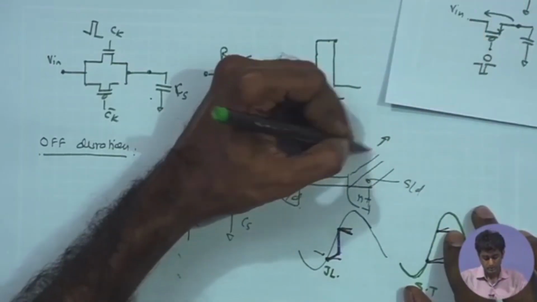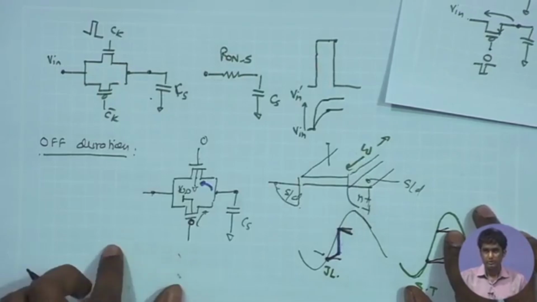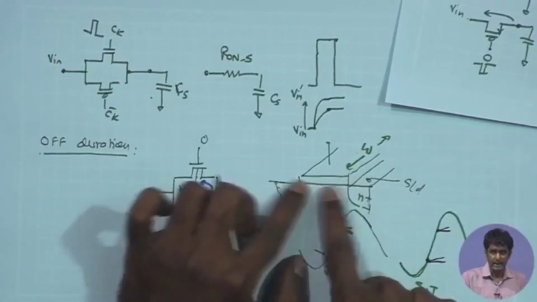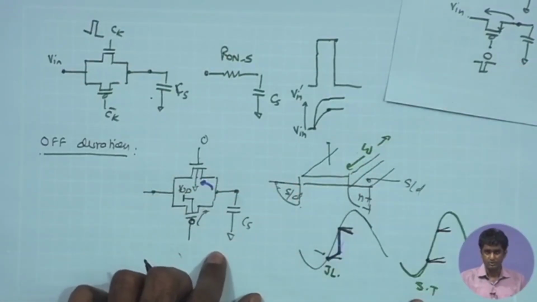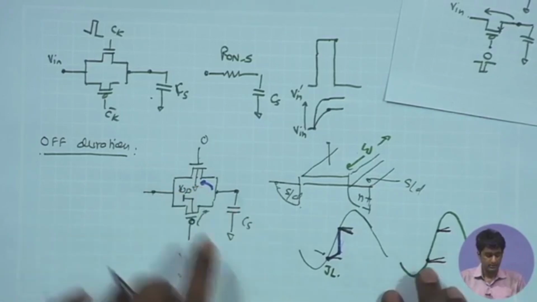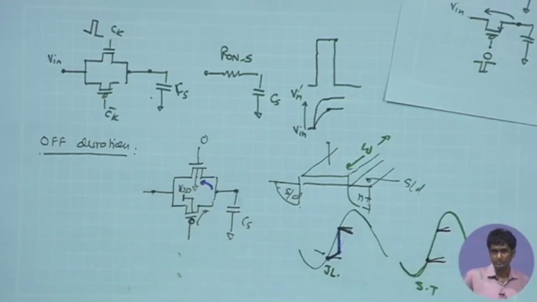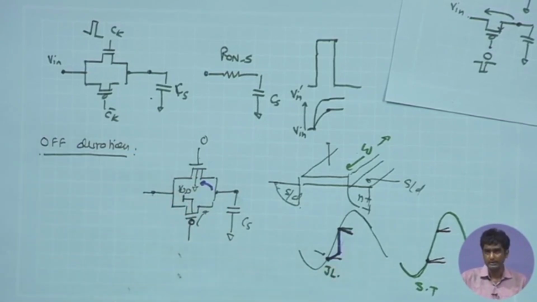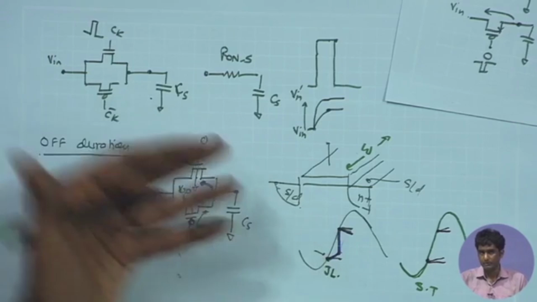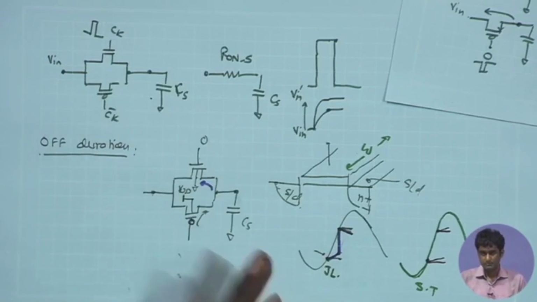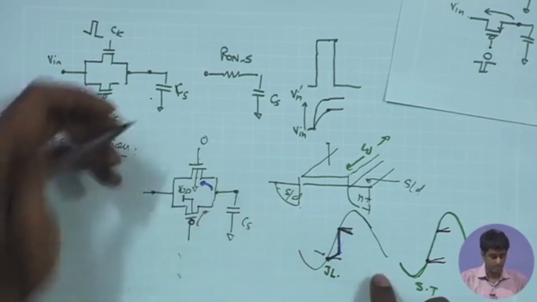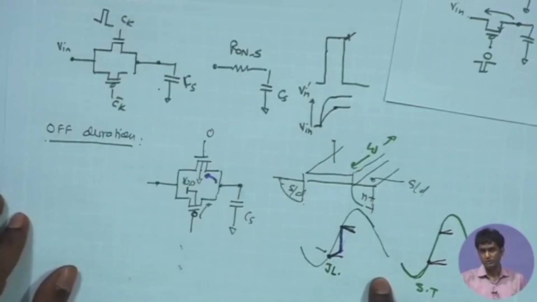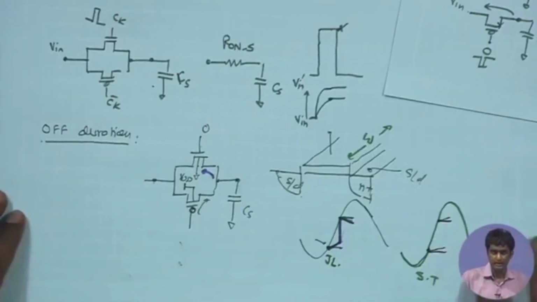It is going to be the W. So, if you increase the W of the switch, irrespective of the L, the junction leakage component will increase, resulting in more and more dissipation of the charge into the substrate from the PMOS or the NMOS. Therefore, these slopes will increase, and the deviation of the sampled signal from the sample data at the closing point will also increase, which can be highly undesirable.